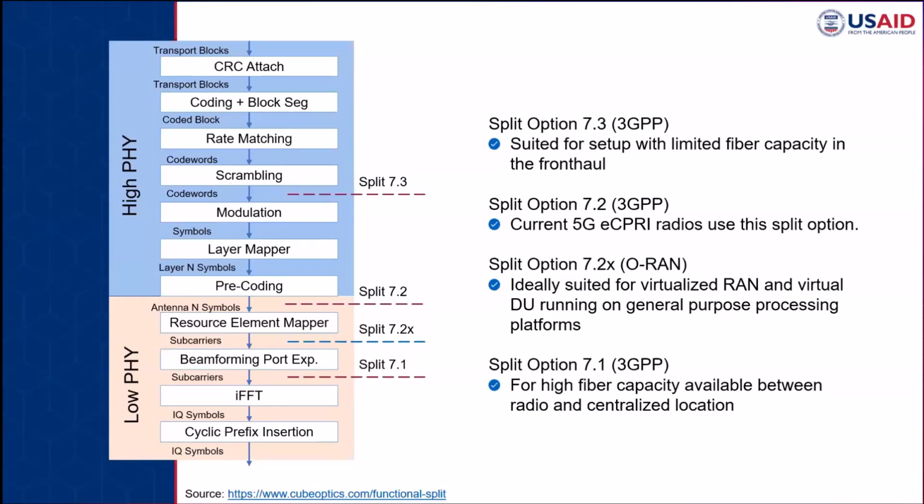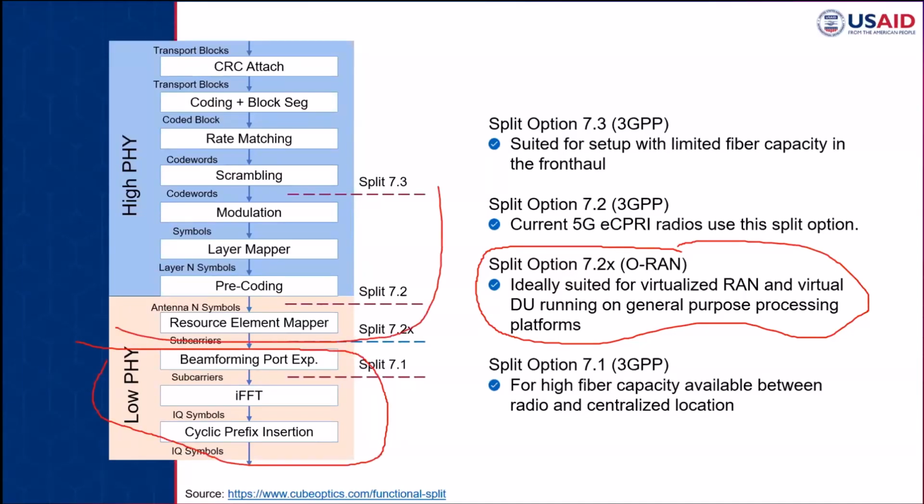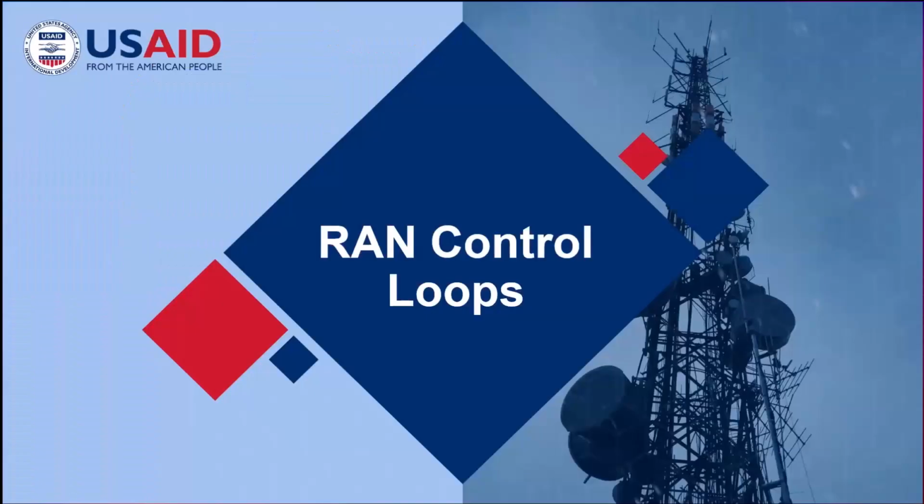In the ORAN, we are using this 7.2x. 7.2x means there is a subgroup again, where we separate this functionality further. So that's for the split functionality.